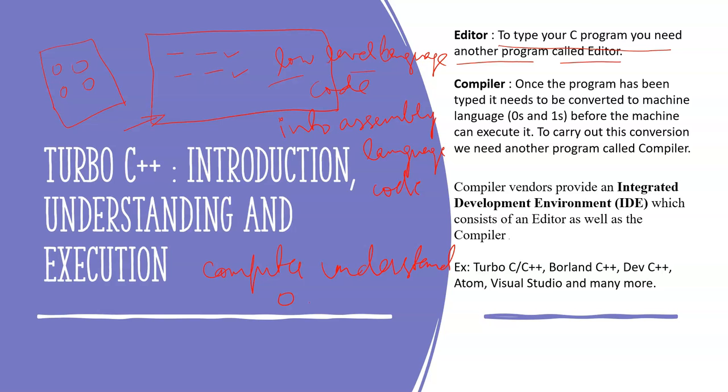So all the low level or high level language programs need to be converted into machine language. For that you need a compiler, and this compiler compiles your program and also checks for any errors in your code.